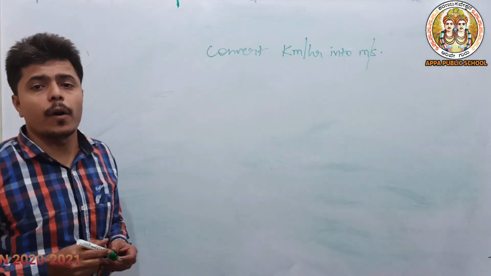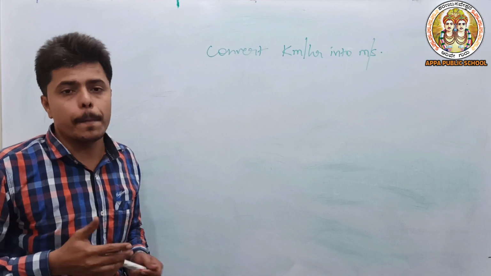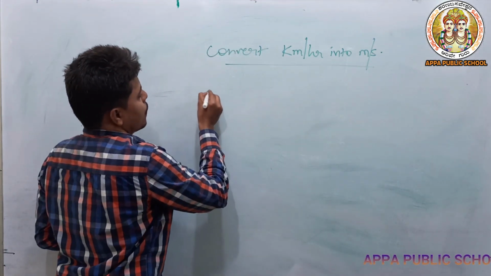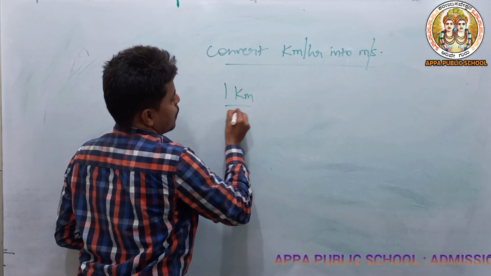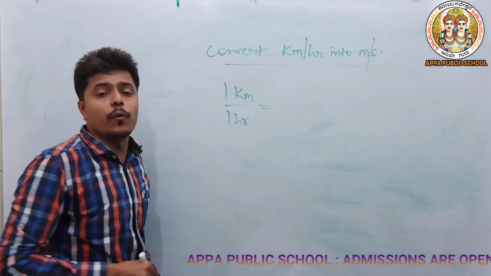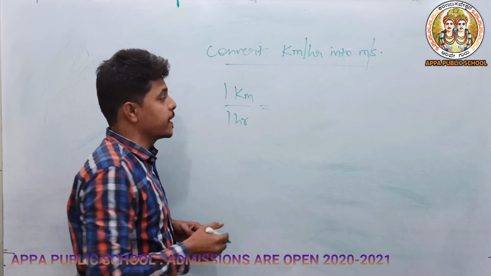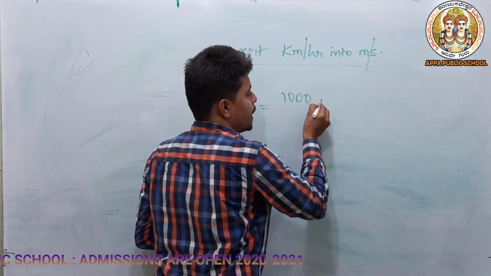Before converting, we should know the value of 1 kilometer, that is 1000 meter.